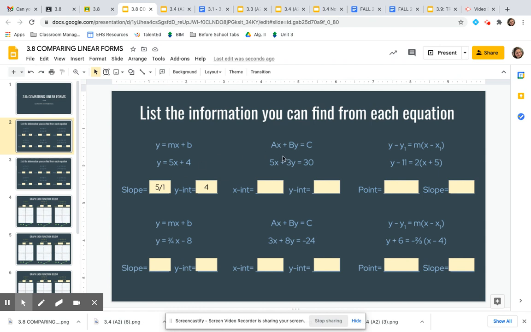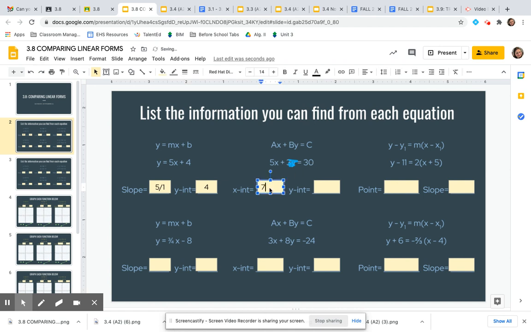Then, if you have standard form, like this is the one where we used to cross out the y's because we made them 0, like this. And then we have 5x equals 30. Well, 5 times what number equals 30? 6.